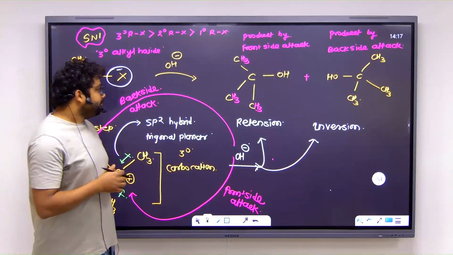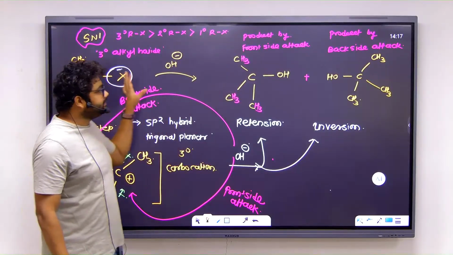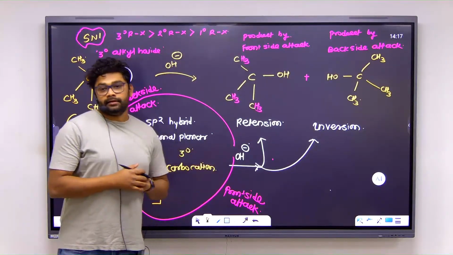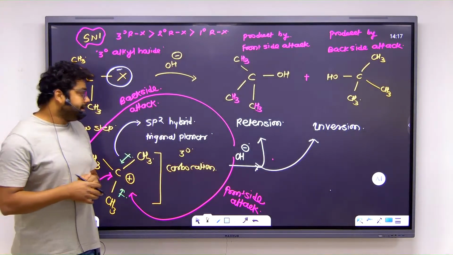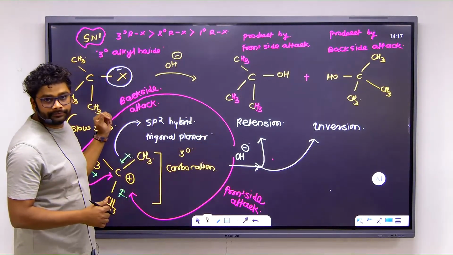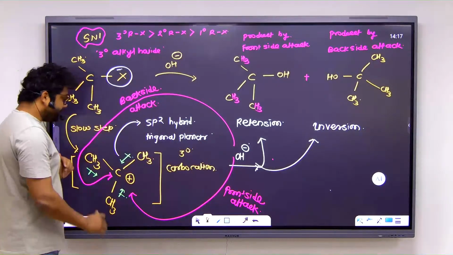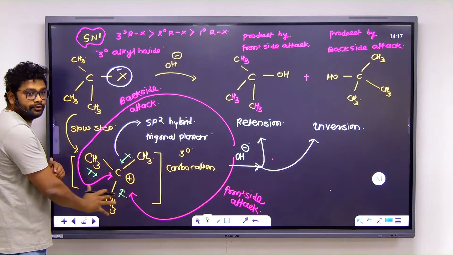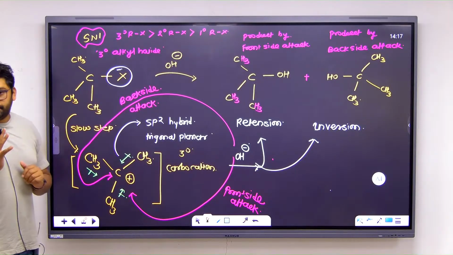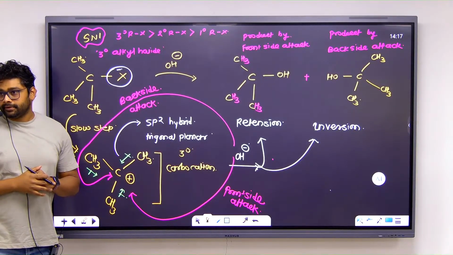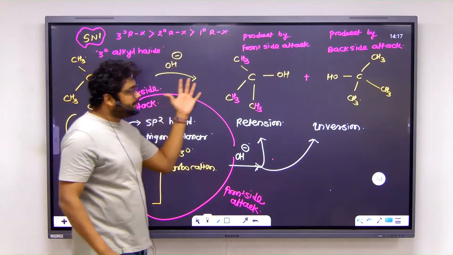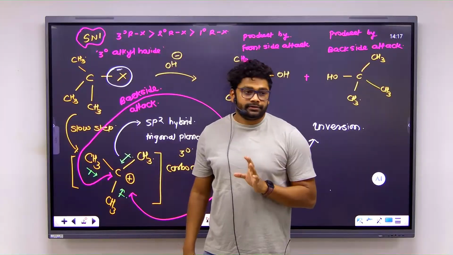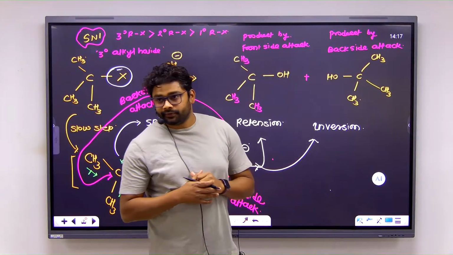The product is just a replacement of X by OH, and that's why the product is known as retention. When the reaction follows a backside attack, then it changes the position of all the groups attached to the tertiary carbocation, and the structure gets inverted like an umbrella gets inverted in the storm of the rainy season, right.